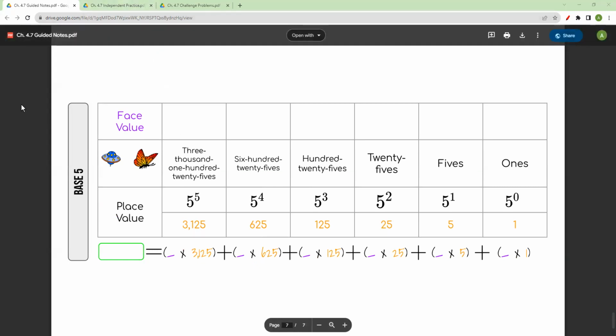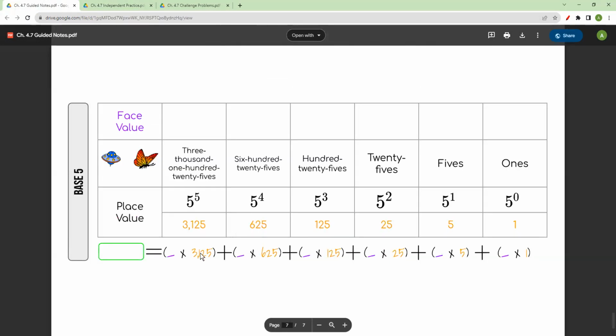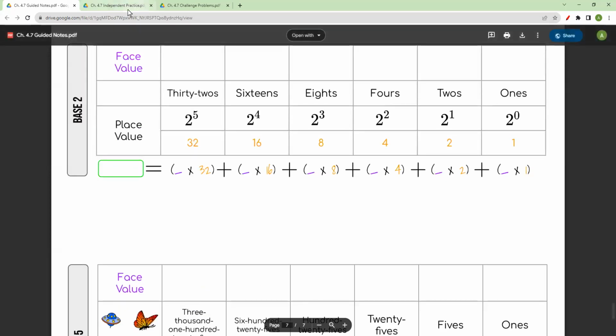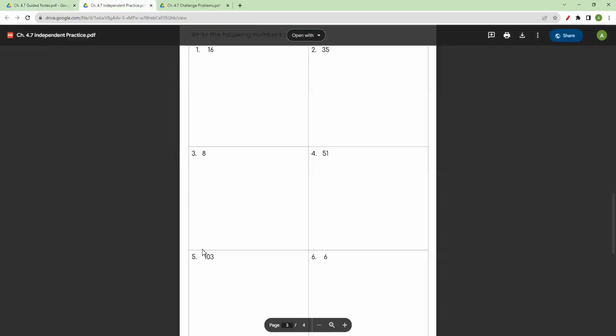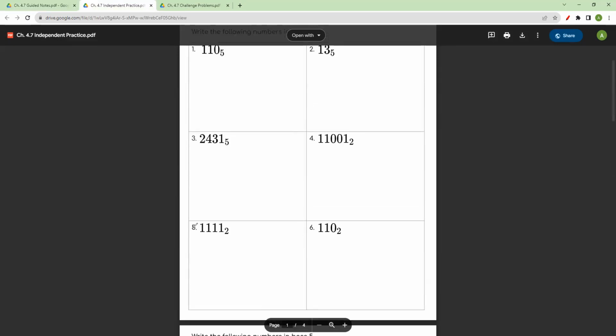because they'll help you to put the, like if you have the face value of, let's see, which page would it be? Let's see, you're doing face value of base 2. So if you have this, right, 1, 1, 1, 1, 1, 1, 1, base 2.